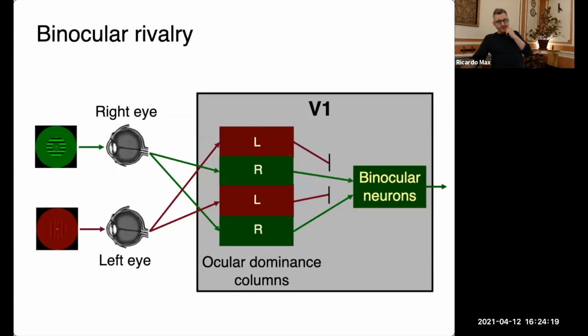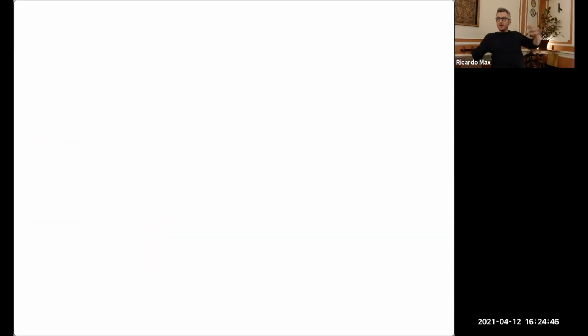So the system can, at a certain point, choose to suppress one eye, involuntarily in the case of amblyopia, or voluntarily in the case of the sniper. That's it. We're done.